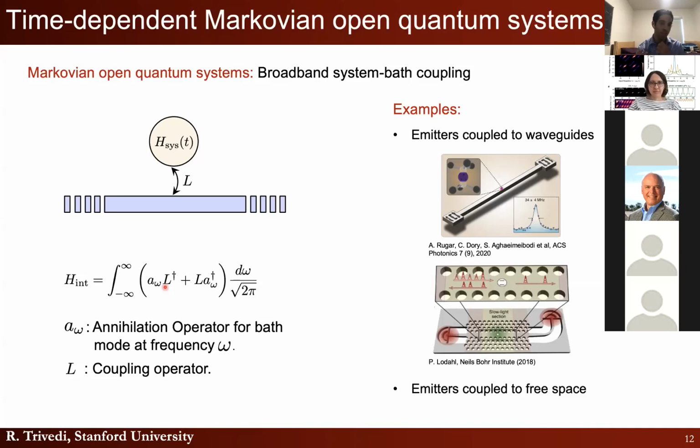However, one of the things that was not really captured in most of the calculations that appeared before we started working on this was the fact that the system was often assumed to be time independent. So you used to have a system that did not have a Hamiltonian that is changing with time. In concrete quantum technology applications, you're often changing the Hamiltonian of your system as a function of time by applying some pulses in order to perform some information processing task.